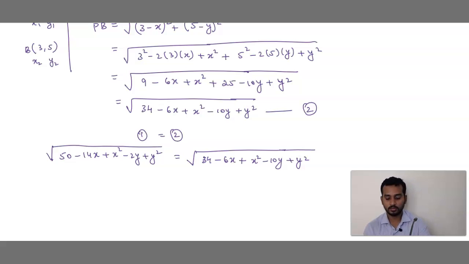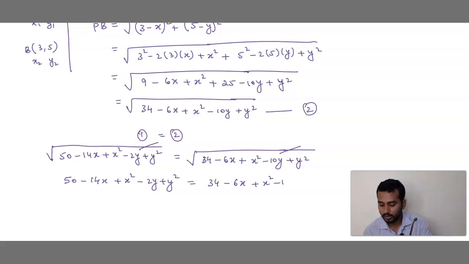Is this clear? Now this square root and this square root get cancelled. So what is left inside? 50 minus 14x plus x square minus 2y plus y square is equal to 34 minus 6x plus x square minus 10y plus y square.